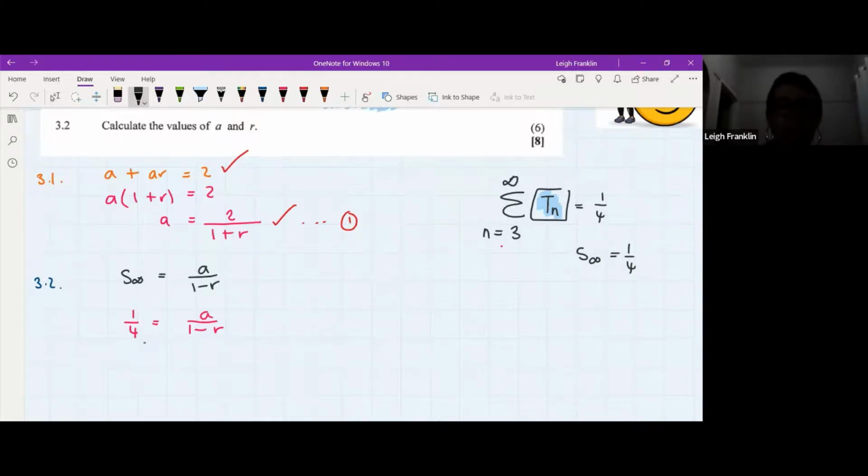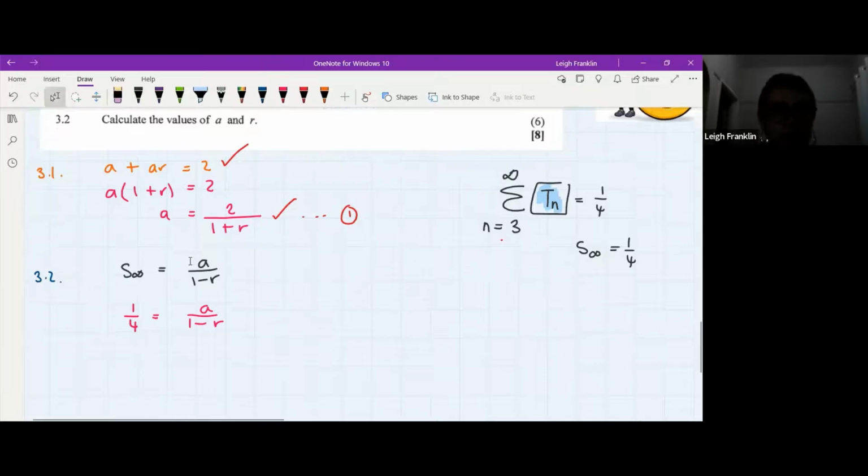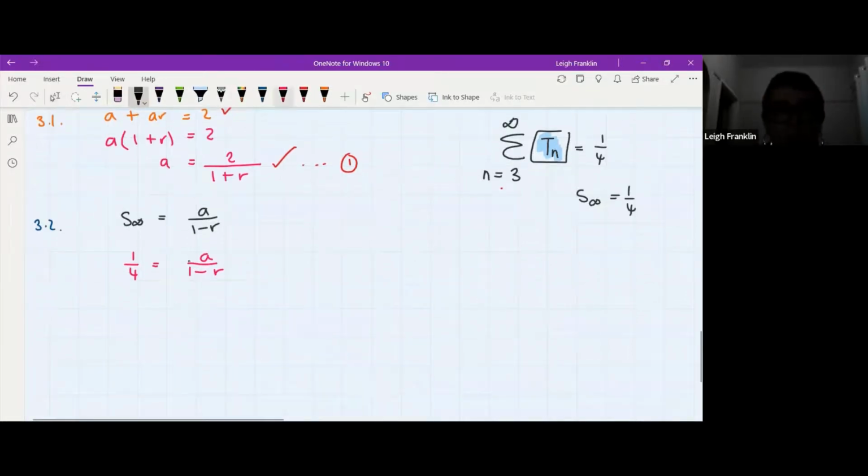So we know what A is equal to, so we can take out our A and replace it with what A is equal to in terms of R. So our next step is to write 1 over 4 is equal to A, which is 2 over 1 plus R, all being divided by 1 minus R. Now we've got a proportion statement again, where we're going to have to cross multiply to get rid of the denominator.